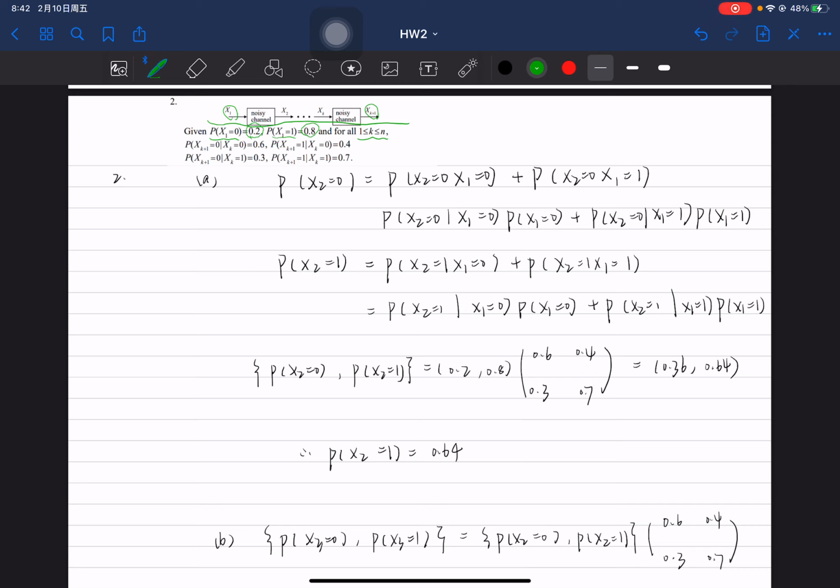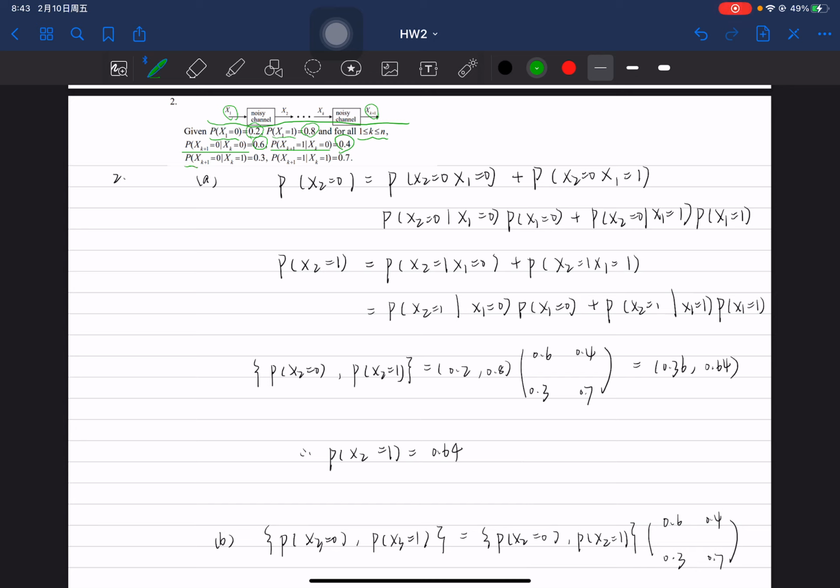The conditional probability of xk plus 1 equals 0, assuming xk equals 0, is 0.6. The conditional probability of xk plus 1 equals 1, assuming xk equals 0, is 0.4.